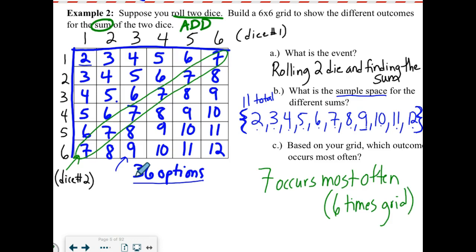When will that be important? Rolling 2 dice and getting a total, 7 is your best bet, because guess what? That's the one that appears the most out of the 36 different ways to get your total. Alright, thank you very much.